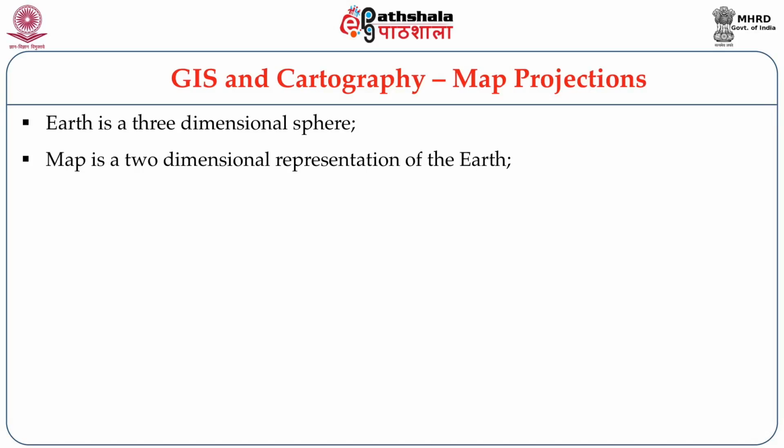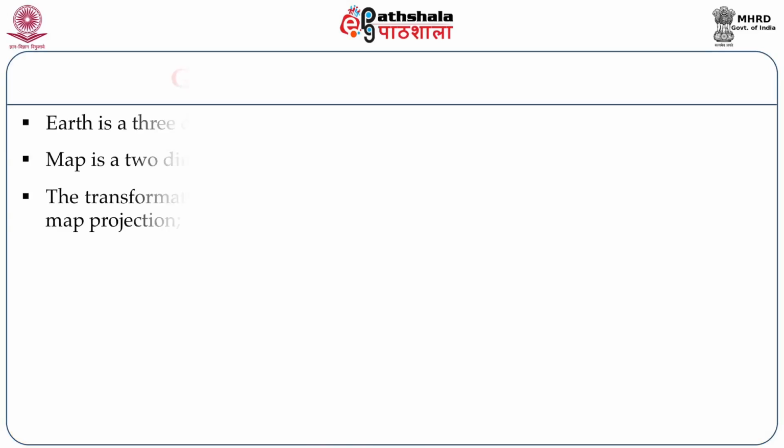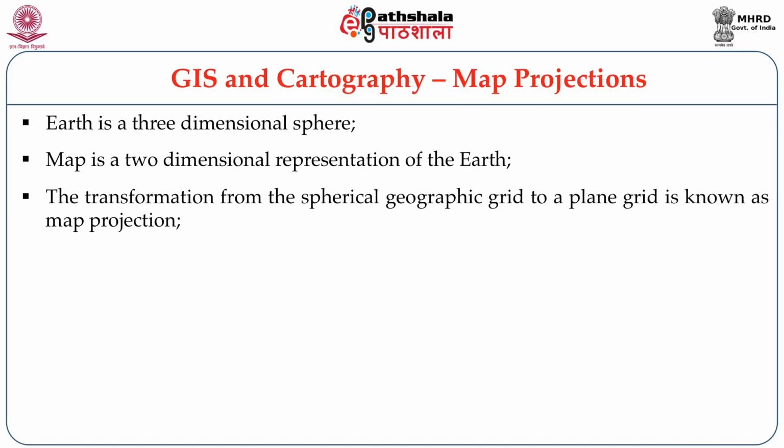That means a spherical surface has to be represented on a two-dimensional flat surface. The transformation from a spherical geographic grid to a plane grid is known as a map projection.